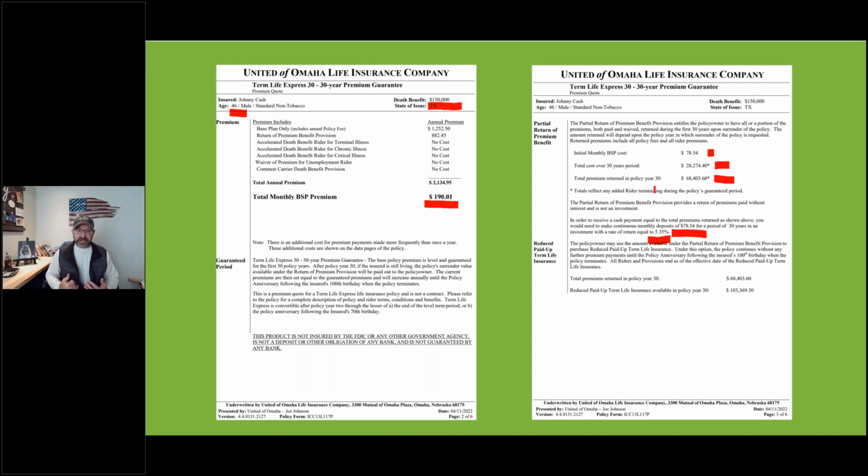The difference is, Michael, the selling point is that if you put that money into an investment account and it grew, you would be subject to capital gains tax. Correct. Here, there's no tax. It's tax-free. And the reason why is because technically it's not an investment. You're just getting a refund.